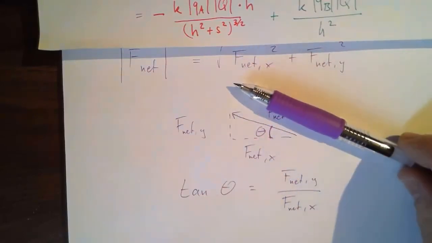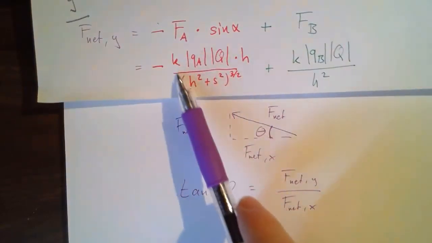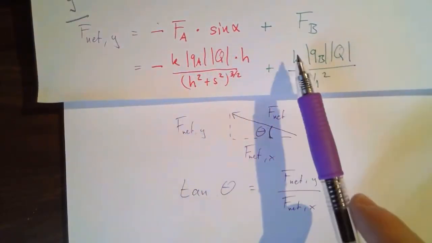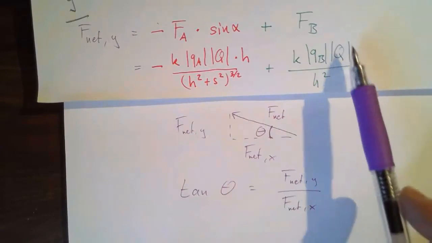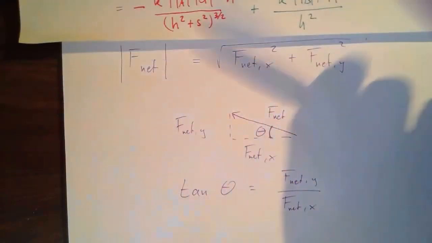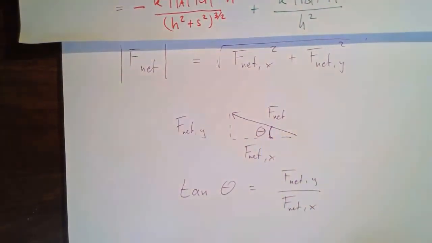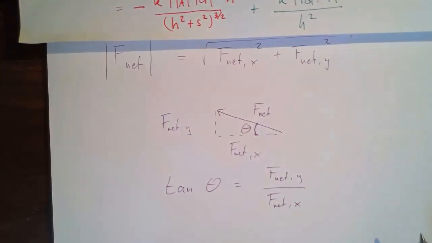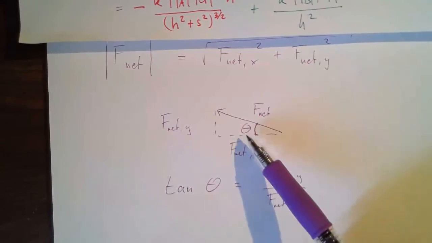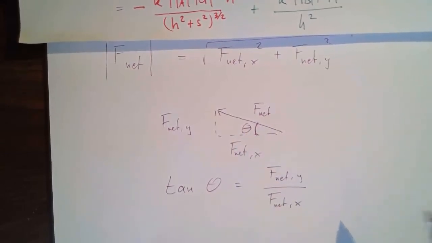And in the other situation, if you look up here, if this thing had been bigger than this one, so that overall the y force had been negative, then it would be pointing downwards, and you could find the downwards angle the same way. I'm not waiting for theta to be positive or negative to magically tell me which way it is just from the sign.